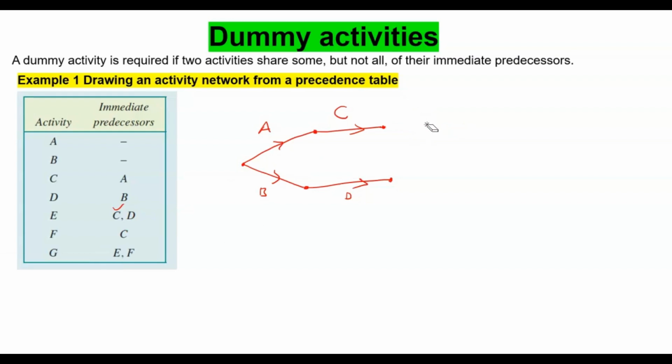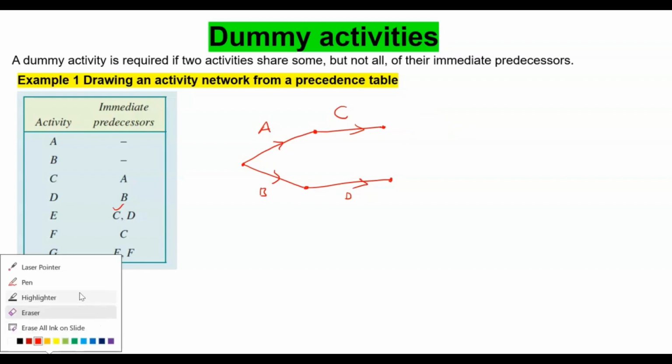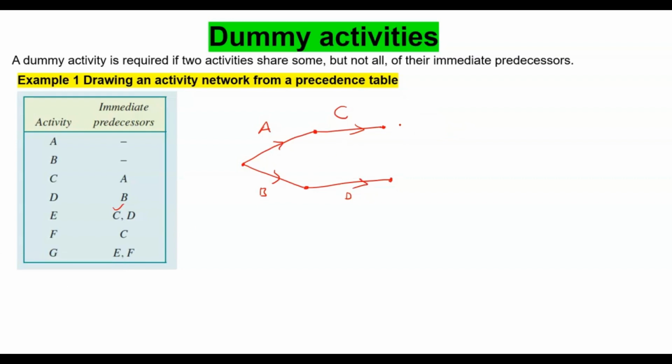I put activity F here and activity E there. But again, just remember that activity E has only joined D, it hasn't been joined to C, so now you know why we need a dummy.